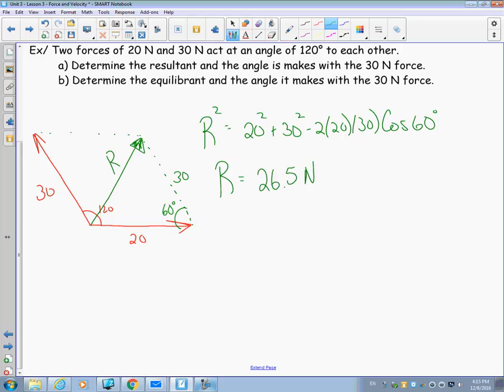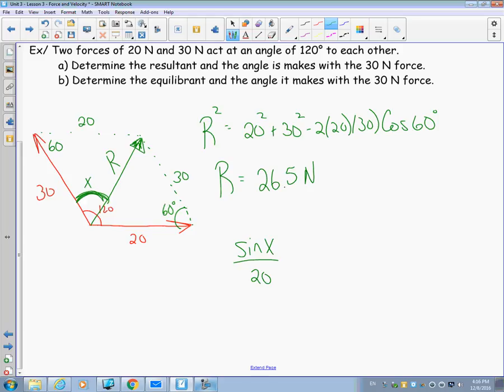Okay, I also want to know the angle it makes with the 30 newton force. So the 30 newton force, that's this angle right here. Call that x. This is 20. What else do we know? Oh, this is 60 up here. So I want to know the x. What do I know? I know that x is across from 20.